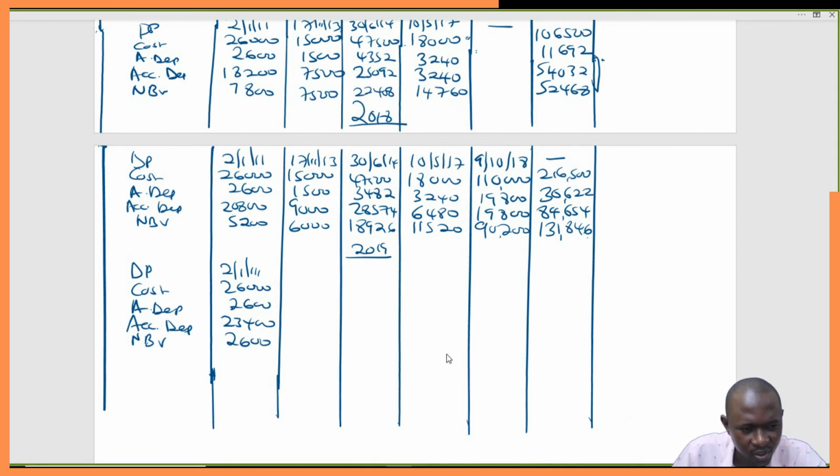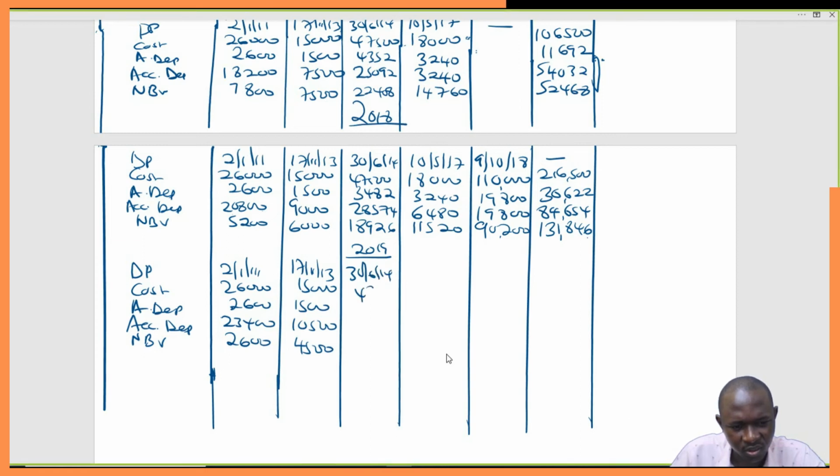Then here we have 17, 11, 13, 15,000, 15. We add that 10,5. What we have is 4,5. Then we come here 36, 14, 47,500, 34.